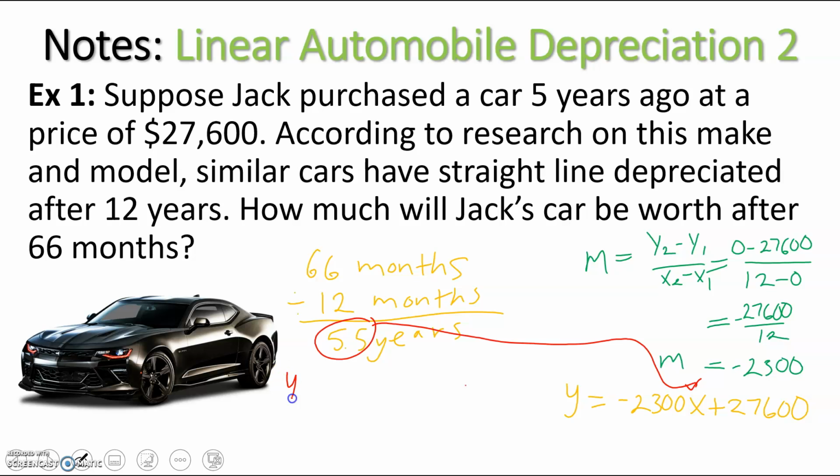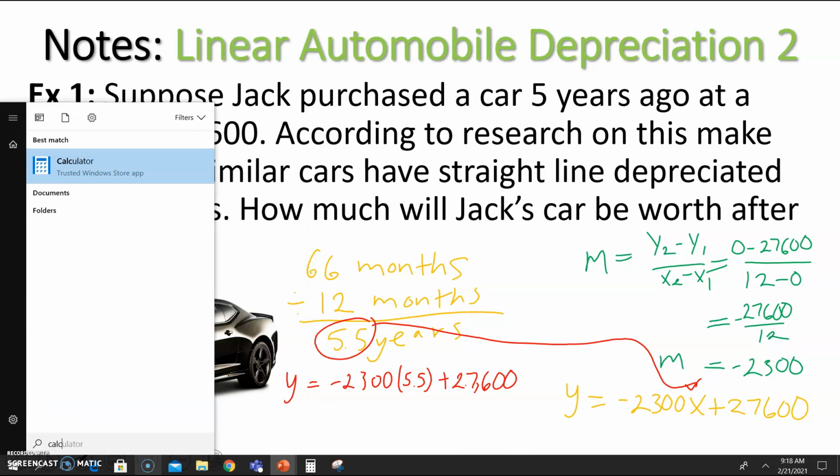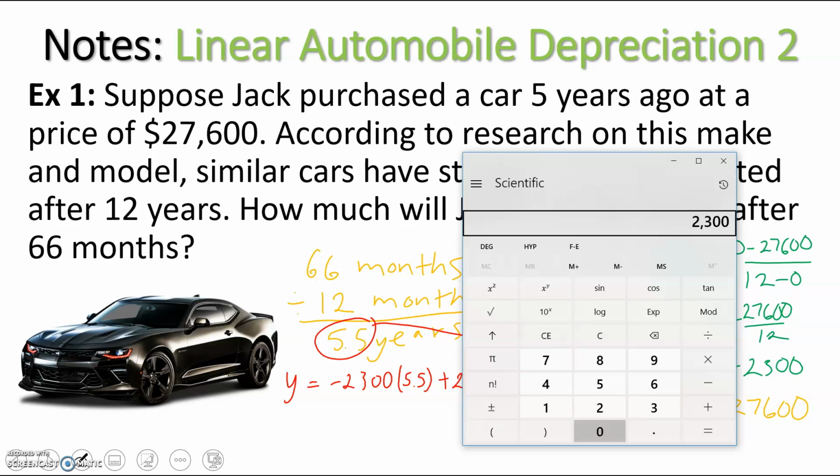So that gives us y is equal to negative 2,300 times 5.5 years plus our y-intercept, 27,600. Using our calculator, we have negative 2,300 times 5.5 years plus 27,600, which gives us a value of 14,950.